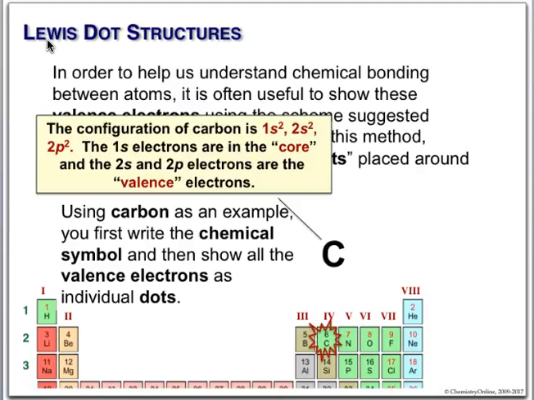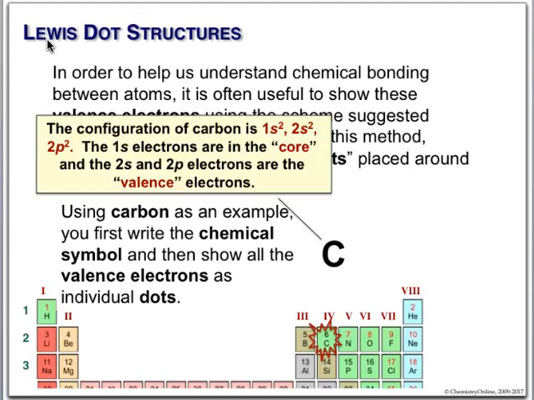Now, think about the electrons around carbon. The S level, the first level here, the 1s, is full. Those are the core. We don't care about those at all. All we care about are the highest energy level.